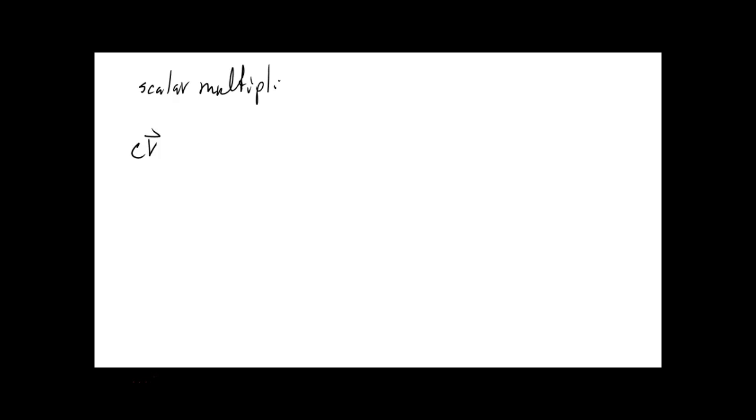If you have, as we've been doing before, that vector v has components v1, v2, we're in 2-space most of the time now, then this would be the same as c times the vector ⟨v1, v2⟩.